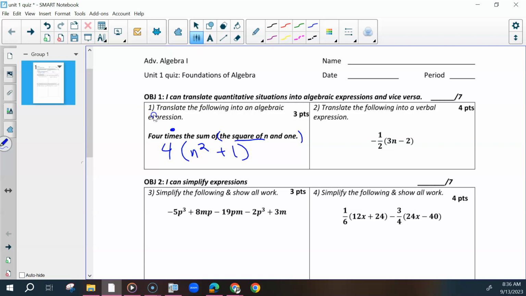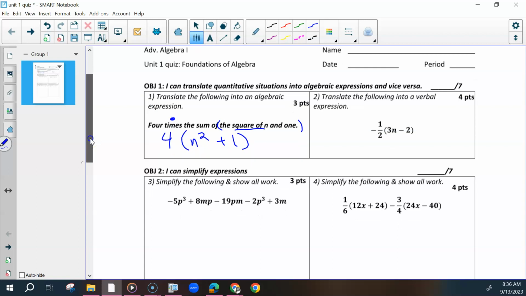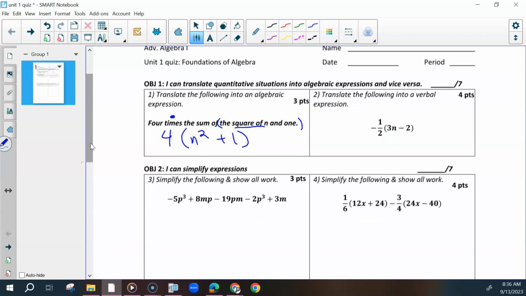The next one, there were different variations of this. Some of this was fine, some of it you had to fix. So one correct answer could have been writing out the word negative. Then you could have put 1/2, some of you put 1 divided by 2, 1 over 2, however you put that was up to you.